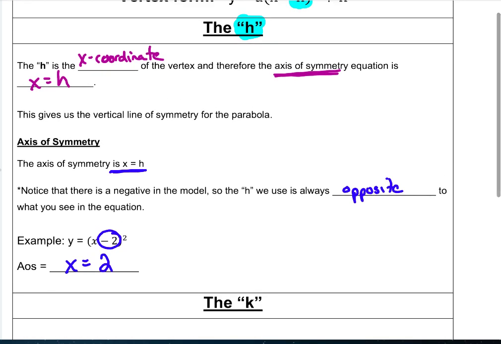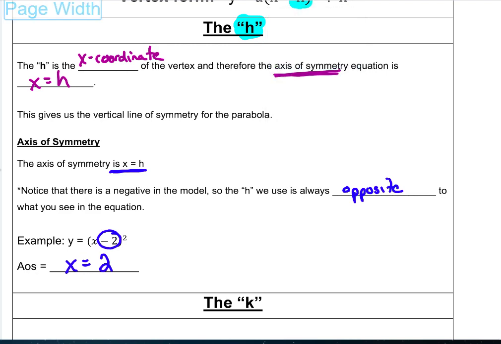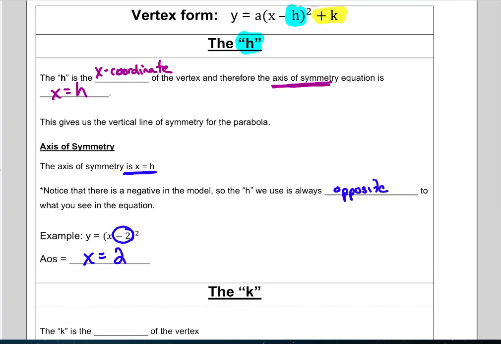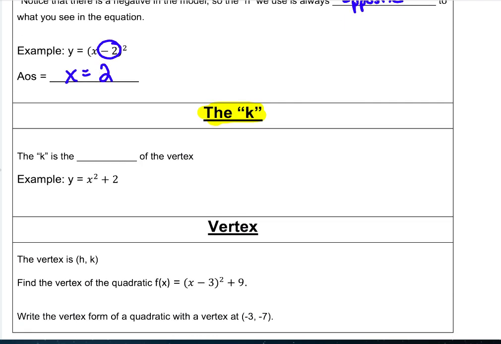Now we're going to go with the k value. So in our equation here, k is what's being added on to the rest of the equation. It's that extra piece being added on at the end. The k is going to be the y coordinate of our vertex. So in this case, our y coordinate would be 2, or k is equal to 2.